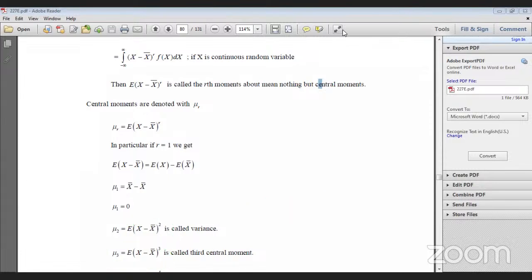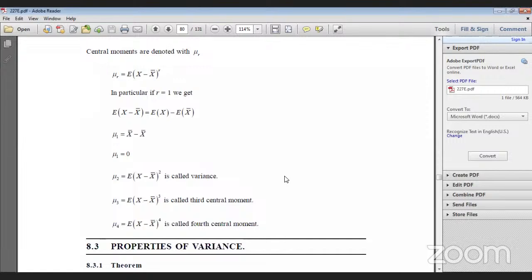Then the fourth central moment, mu4, is x minus x bar whole power 4. Mu1 is equal to 0, mu2 means square, mu3 means cube, mu4 means power 4. The same: E of x minus x bar whole square, whole cube, whole power 4, called the fourth central moment.